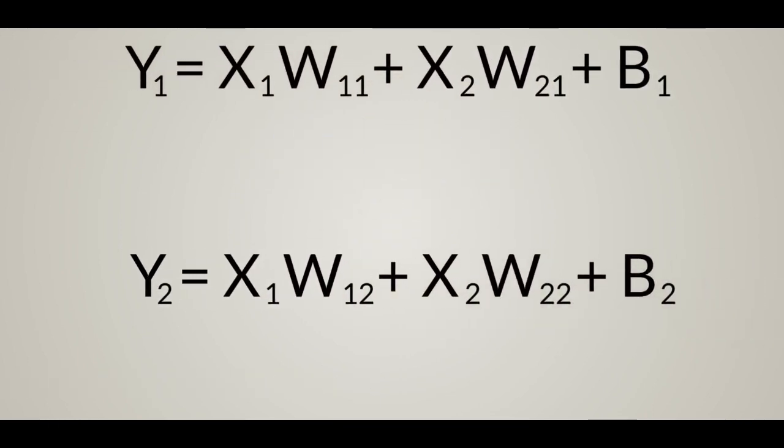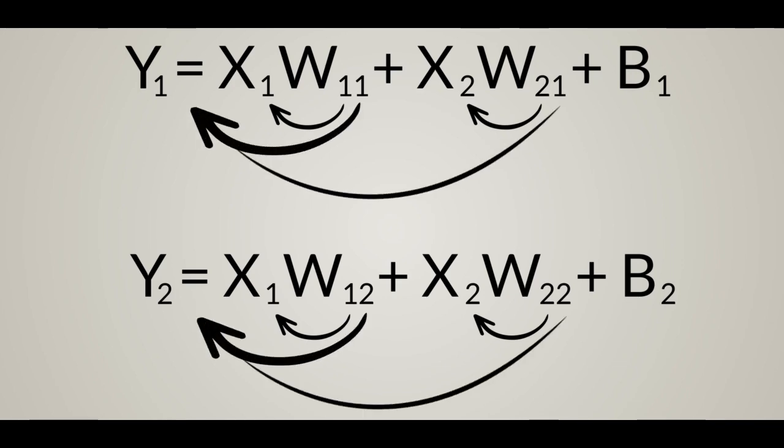y1 equals x1 times w11 plus x2 times w21 plus b1, and y2 equals x1 times w12 plus x2 times w22 plus b2. Notice the indices of the weights. The first number refers to the respective input, while the second to the output.